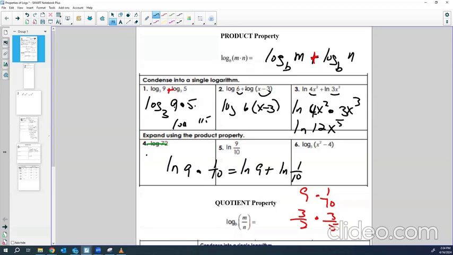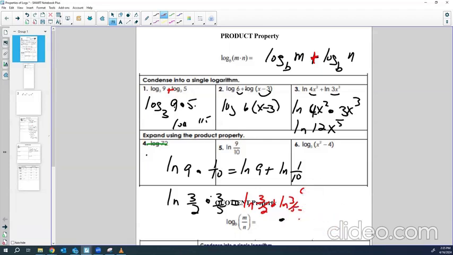Or if I use the second pair, ln of 3 over 2 times 3 over 5, it's going to give you ln of 3 over 2 plus ln of 3 over 5. Good? There you go.